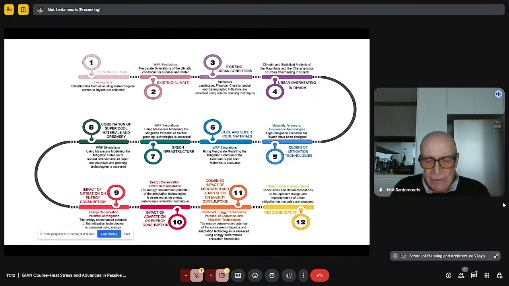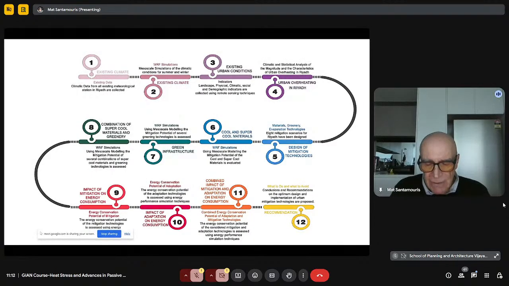I will stress that it is of extreme importance to have a clear roadmap for each mitigation study. We have first to assess the existing conditions. Second, we have to understand the reasons behind the overheating.